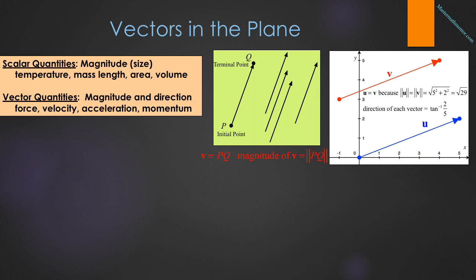They are both, by the Pythagorean theorem, equal to the square root of 5 squared plus 2 squared, which is the square root of 29. And each of them makes the same angle with the horizontal. It is the inverse tangent of 2 over 5. So since their magnitude is the same and their direction is the same, the two vectors are equivalent.